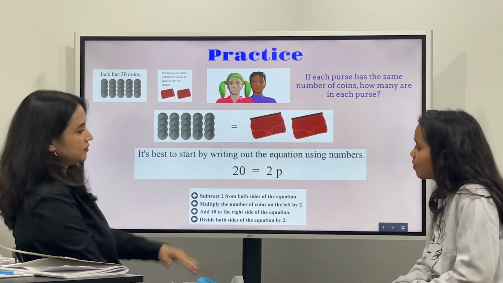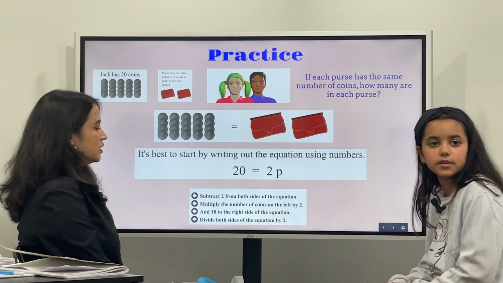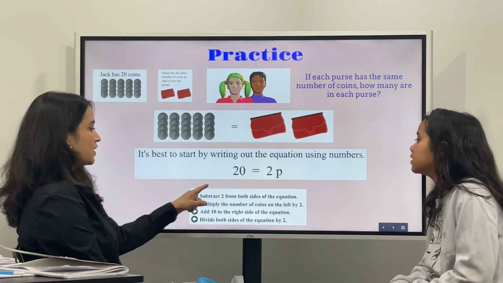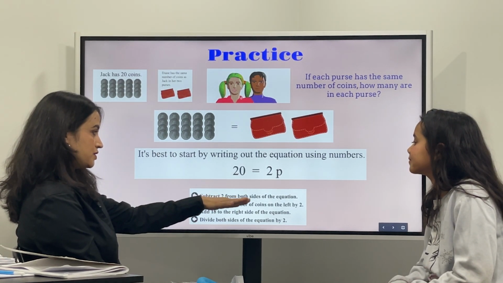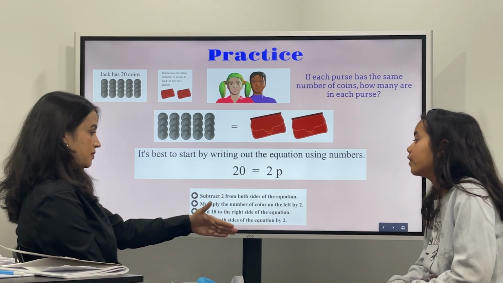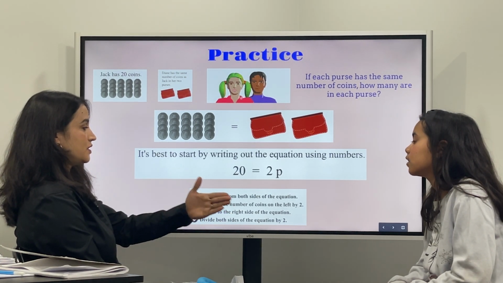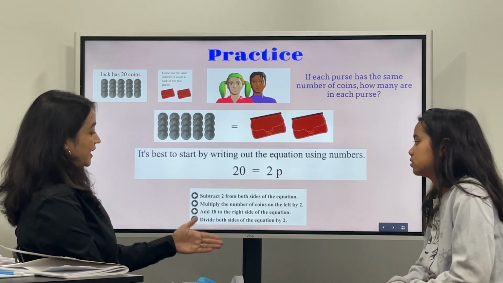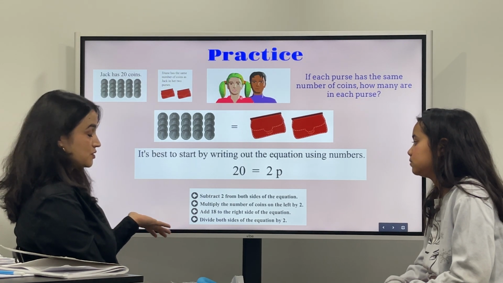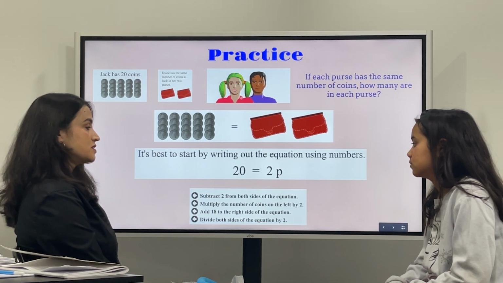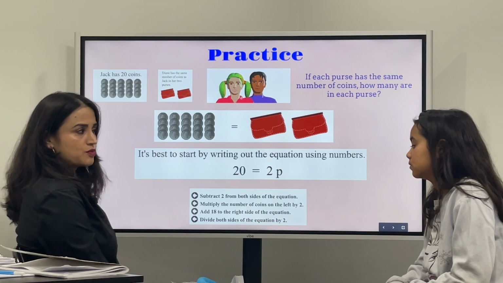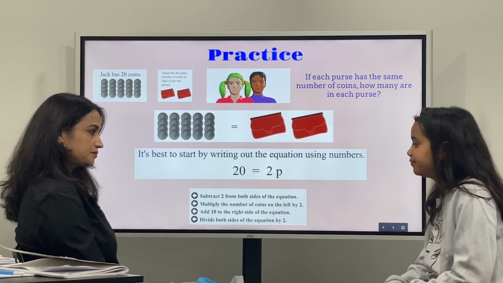What do you need to do here? These are the answers that you can choose: subtract 2 from both sides of the equation, or multiply the number of coins on the left by 2, or add 18 to the right side of the equation, or divide both sides of the equation by 2. Which one will be the answer?